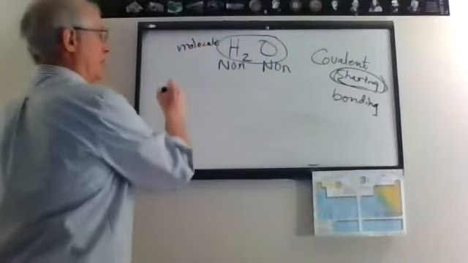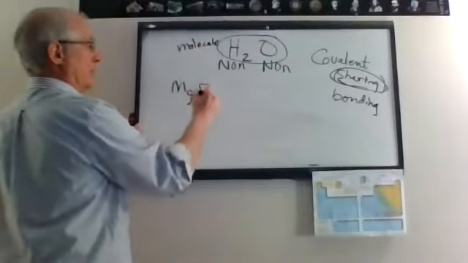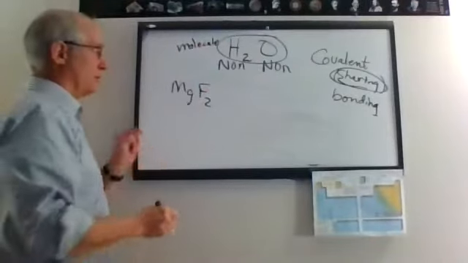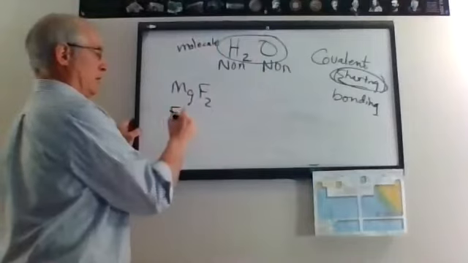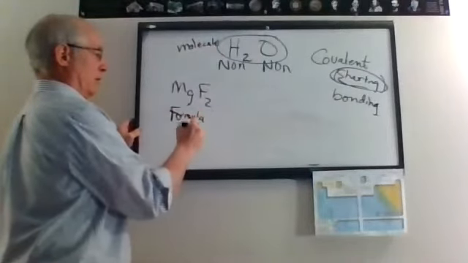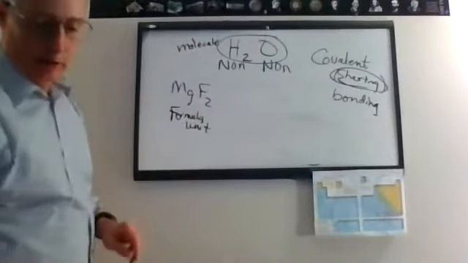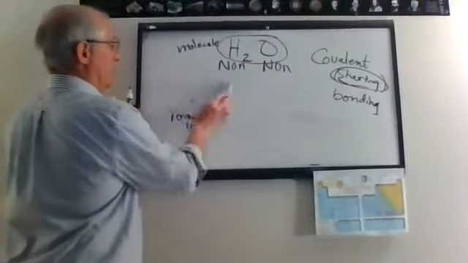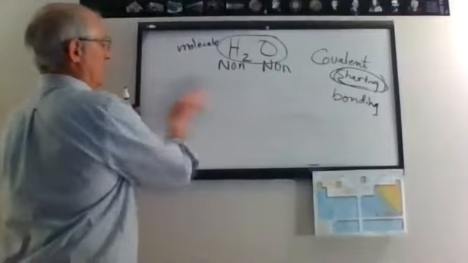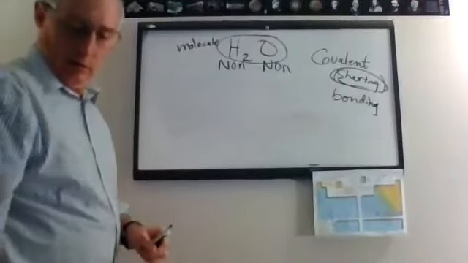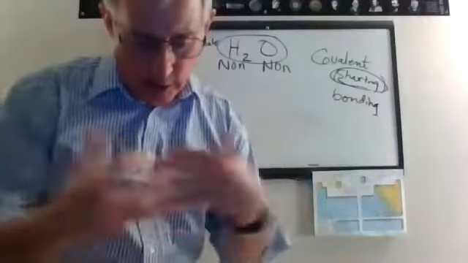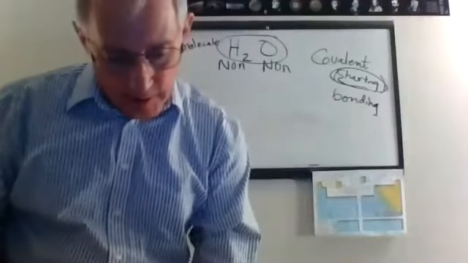And you don't call this a molecule because it's metal, non-metal. You call that a formula unit. Now that I've written it, I'm going to erase it. I'm talking about molecules now. Molecular substances called covalent, held together covalently, bonded.